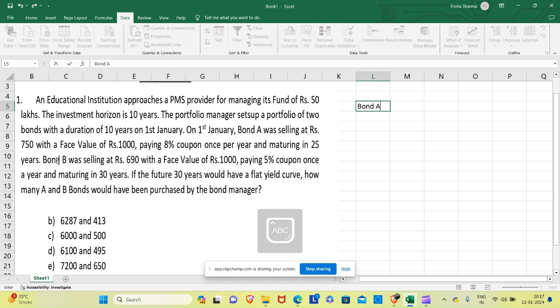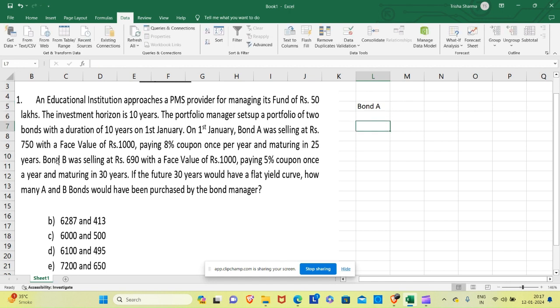So this particular bond, which is bond A, has certain features. First of all, it is a bond with a maturity of 25 years. So we'll take two random dates to define its maturity. Let us take 1st January 2001 as one date.